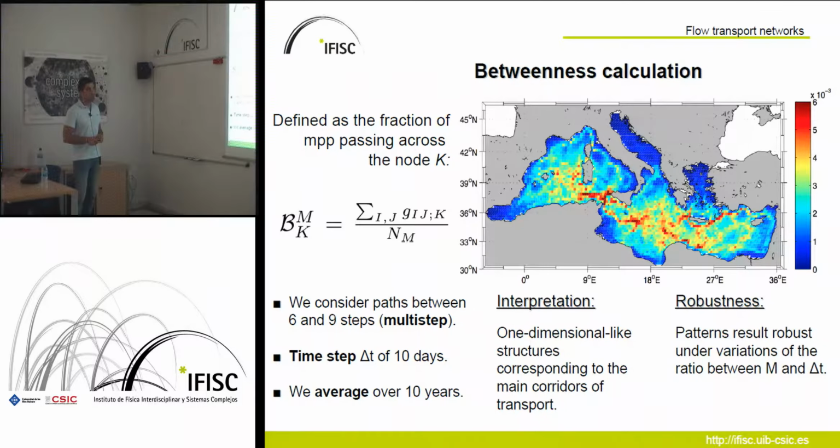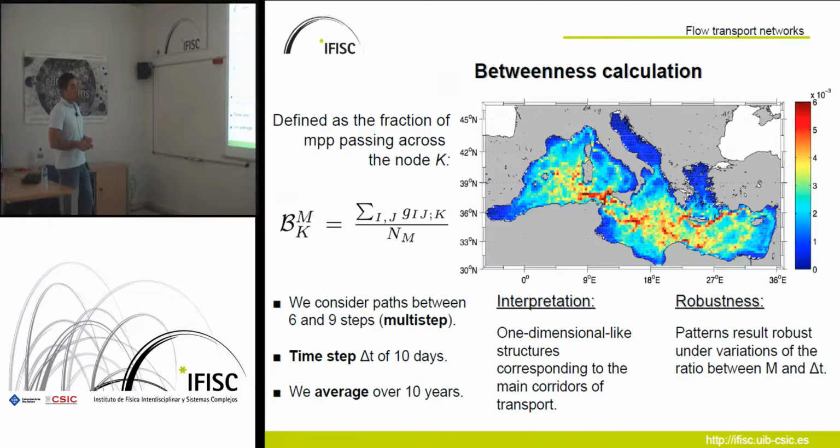The interpretation is that these high-betweenness regions that are almost one-dimensional correspond to the pathways of transport, to the main corridors of transport. And passing by these corridors, we can connect many different regions of the ocean.